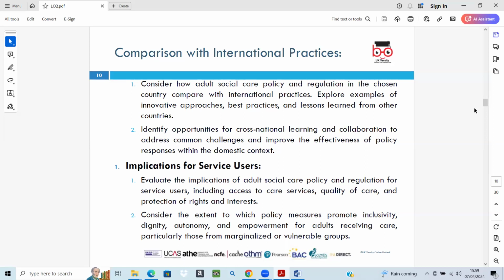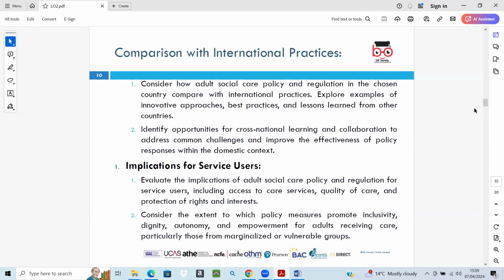Service user access to care services. Then how policies and regulation impact service user access to care, including the availability of services and eligibility criteria. Then we need to consider how quality standards and regulatory frameworks ensure the provision of high quality care that meets the needs of service users.